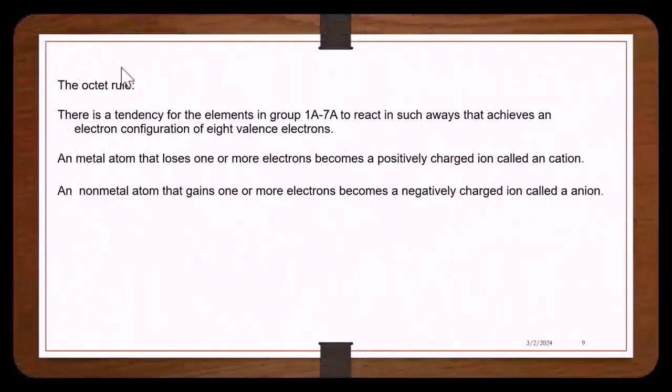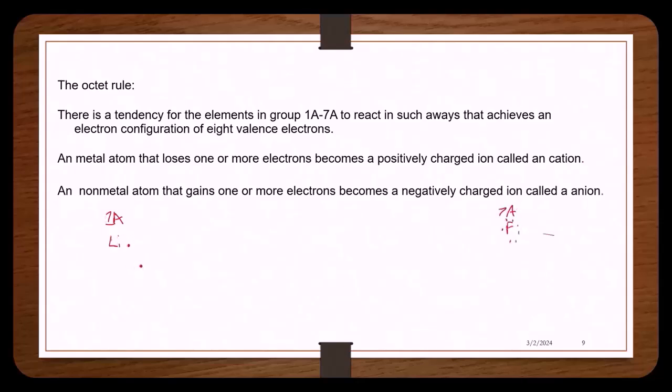The octet rule says there's a tendency for elements in groups 1A through 7A to react in such a way that achieves an electron configuration of 8 valence electrons. So looking at 1A, we went down to lithium, and in group 7A, we have fluorine.